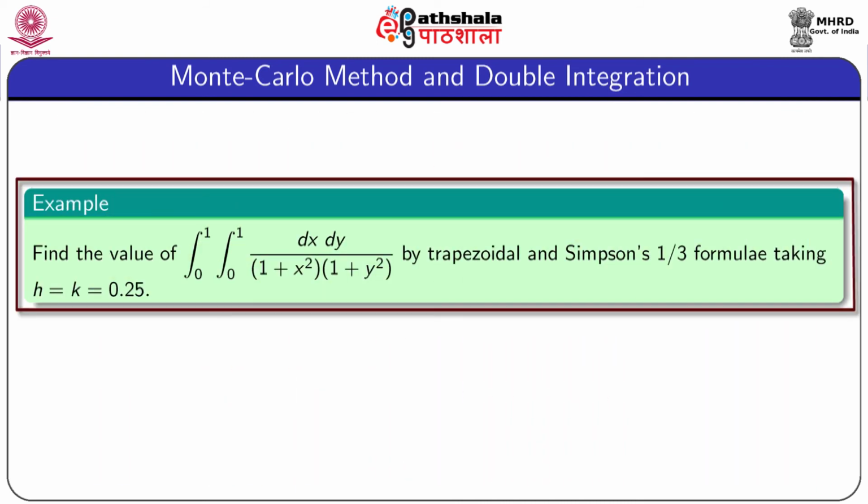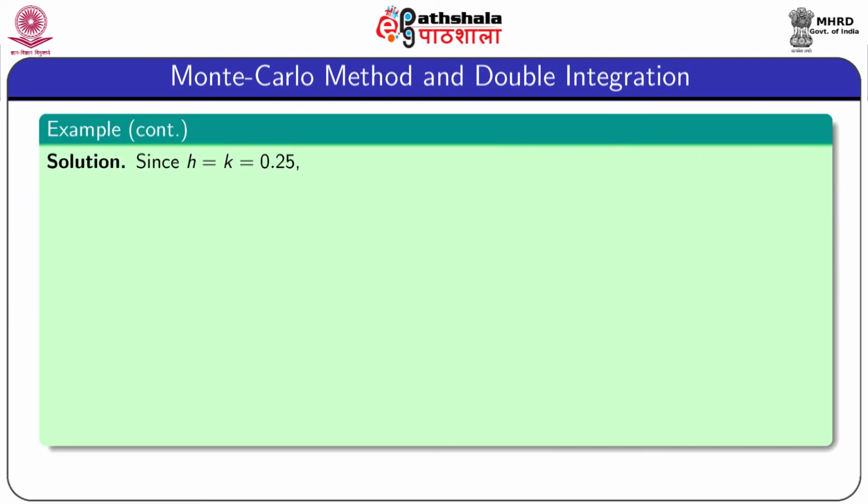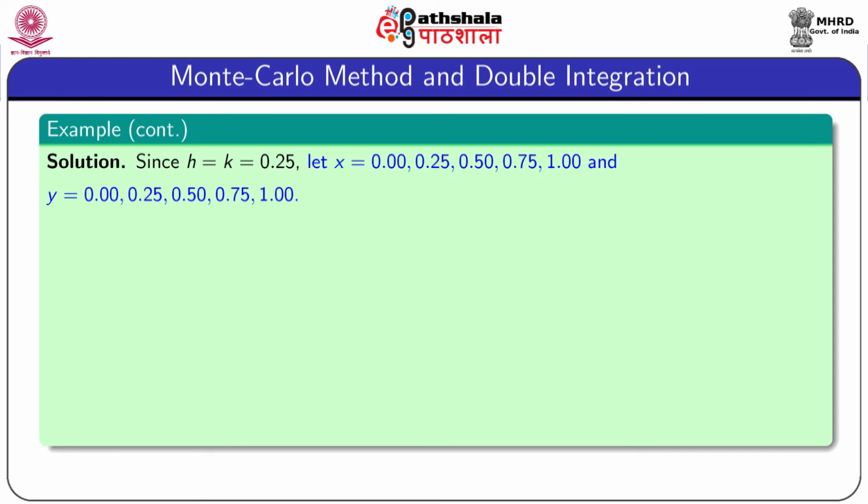Now, we consider one example to illustrate the trapezoidal and Simpson one-third formula, taking h equal to k equal to 0.25. Since h equal to k equal to 0.25, the values of x are 0, 0.25, 0.50, 0.75 and 1, and similarly the values of y are 0, 0.25, 0.50, 0.75 and 1.